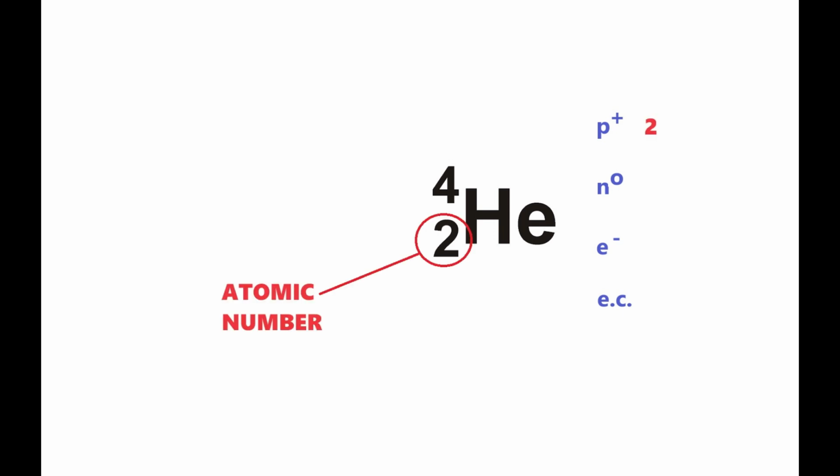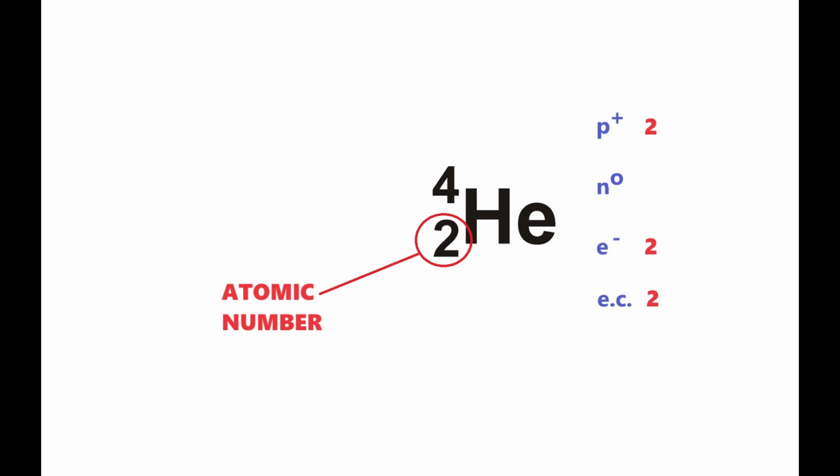Now let's first consider helium. Helium has an atomic number of 2 and a mass number of 4. From this, we need to get the number of protons, the number of neutrons, the number of electrons, and the electron configuration. So for protons, the atomic number is 2, so the number of protons must be 2. The number of electrons, because helium is not charged, the number of electrons equals the number of protons, and therefore it's 2.